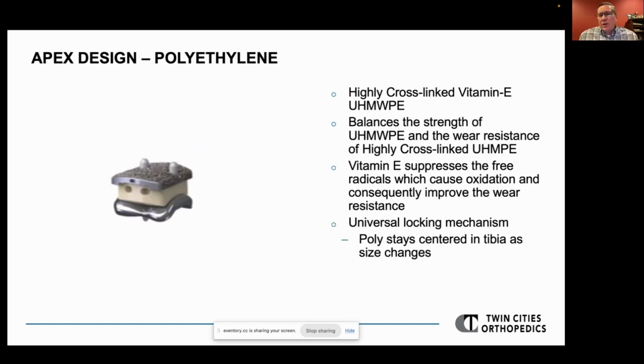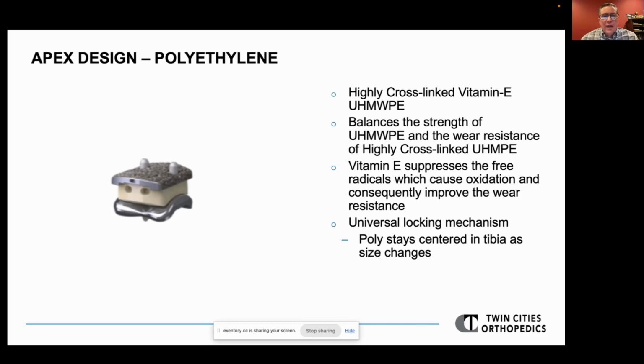The polyethylene was something that spoke to me as well. As I was thinking about my ankle arthroplasty practice, I always asked myself why I was doing ankle arthroplasties using the same bearing surfaces that my hip and knee colleagues were using in the 70s and 80s. They've had several advances in how they think about polyethylene and other bearing surfaces. Our early second and third generation implants use an old version of polyethylene, and the Apex is one of the prostheses, and there are several others on the market now as well, that have highly cross-linked vitamin E ultra high molecular weight polyethylene.